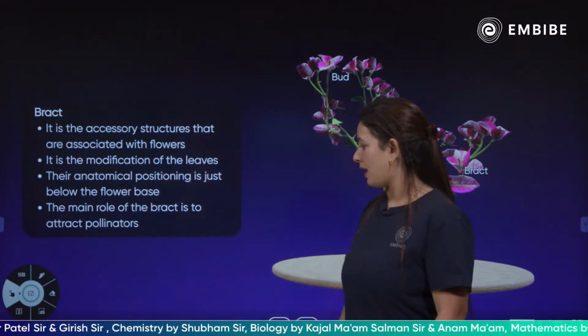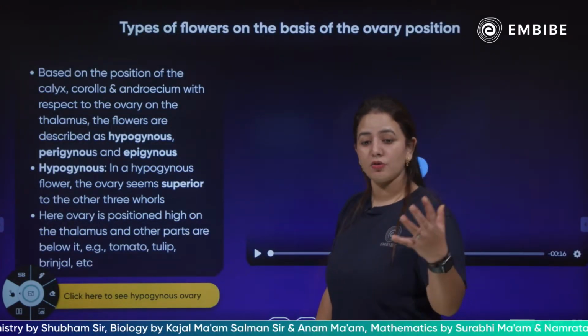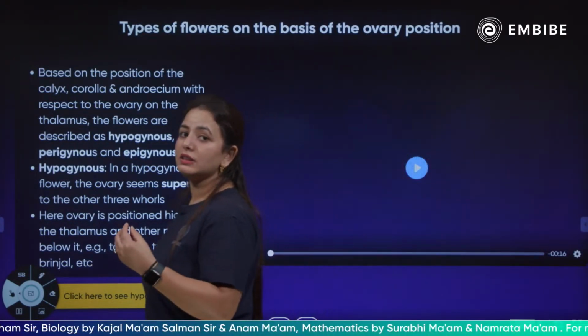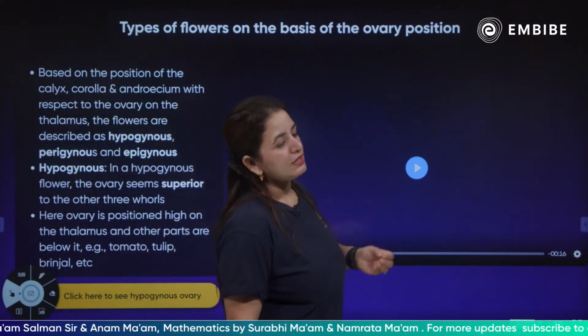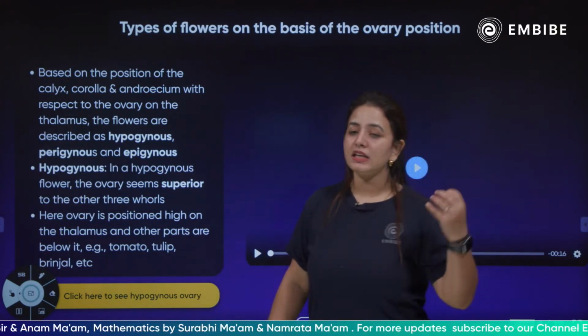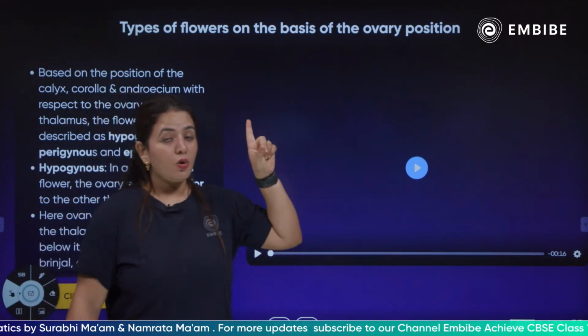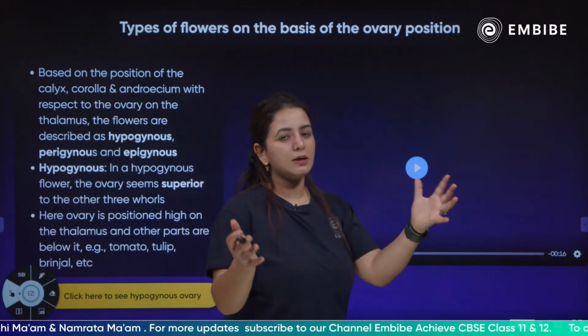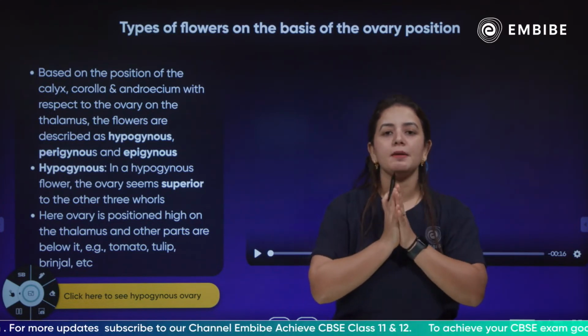What is the bract? Moving forward, children, next is what I was talking about: on the basis of ovary position, we have divided flowers into 3 different categories, because the ovary position with respect to the other parts of the flower, the calyx and corolla, is absolutely important.